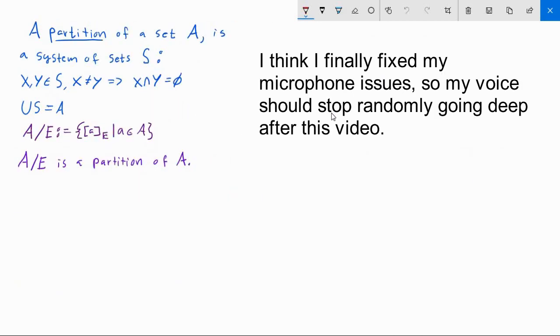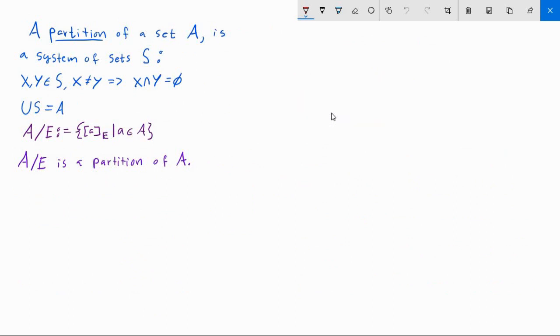We know now that if we have an equivalence relation E, then the set A mod E will give us a partition of A. And there's actually a way to go in the opposite direction of this construction.